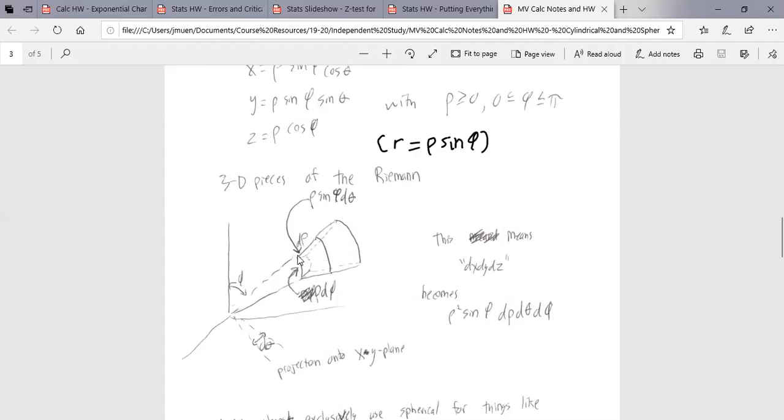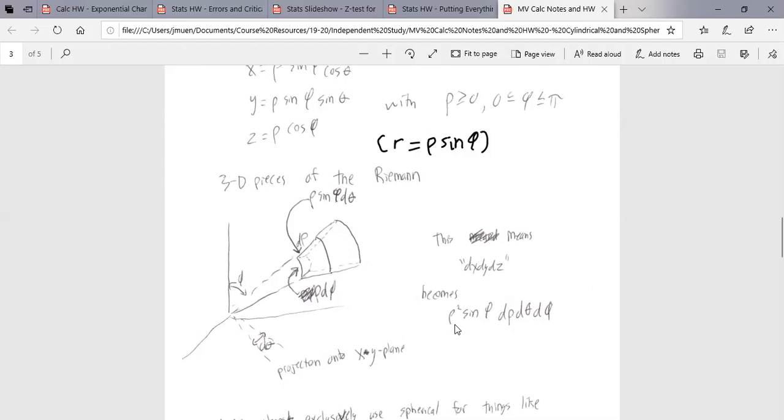And then finally, the actual length of this shape, from here to here, is just d rho. There are no surprises there. So what we end up with is a volume, if we multiply these things together like it's a box, length by width by height. We're making the argument that there's not really a problem in doing this, because this is such a small shape that even though it's not a box, it's so close to a box that we're going to treat it like one.